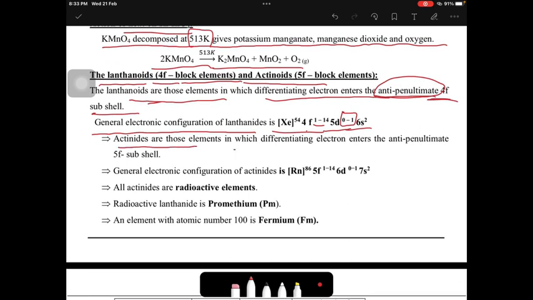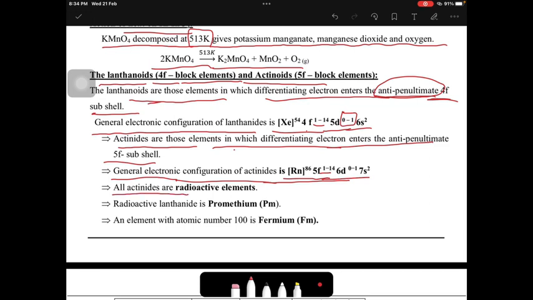Actinides are those elements in which the differentiating electron enters the antepenultimate 5f subshell. General electronic configuration of actinides is radon 5f 1 to 14, 6d 0 to 1, 7s2.